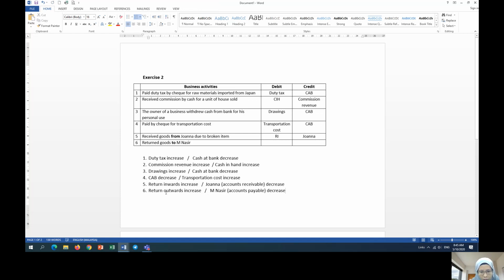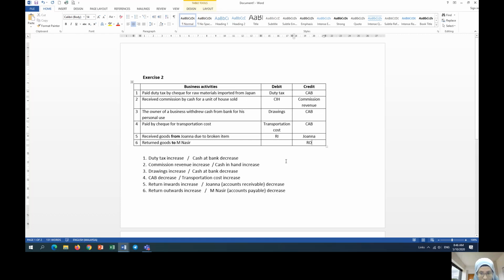Return outwards increase, okay, sila refer kepada jadual sebelum ni. So return outwards increase, kita akan kreditkan. So we are crediting the return outwards account. So M. Nasir is our asset ke liability ni, account payable ni. Accounts payable is our liability.